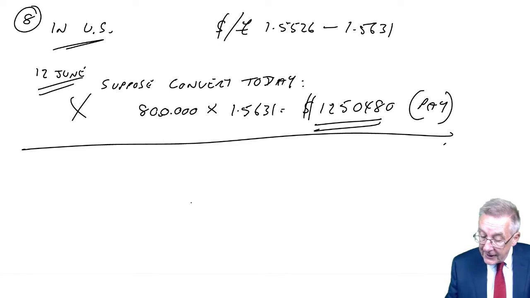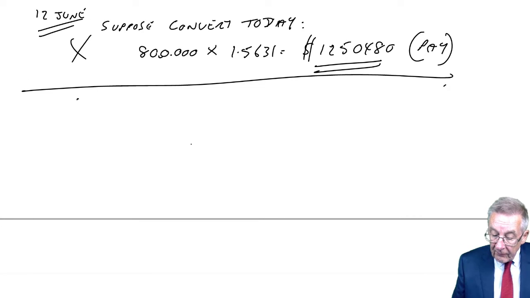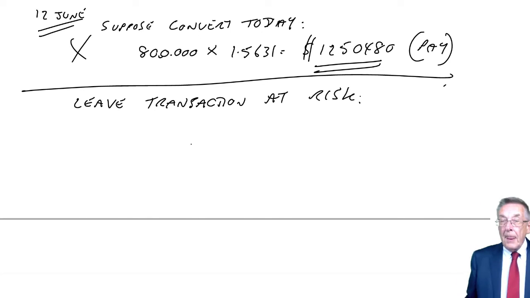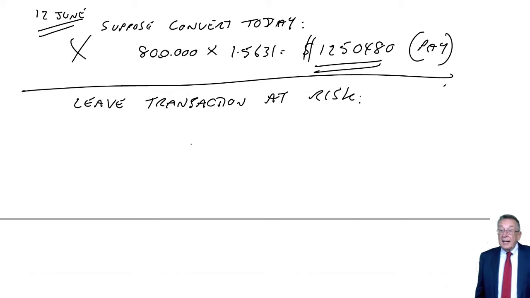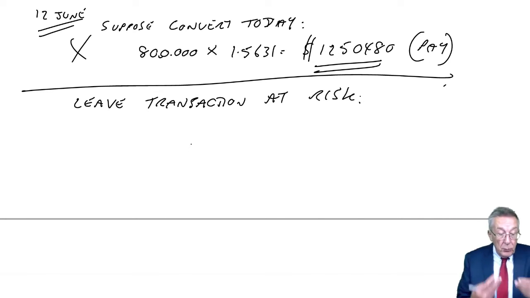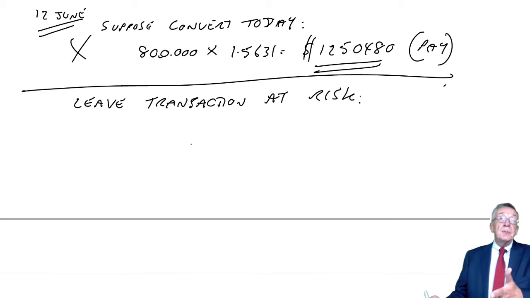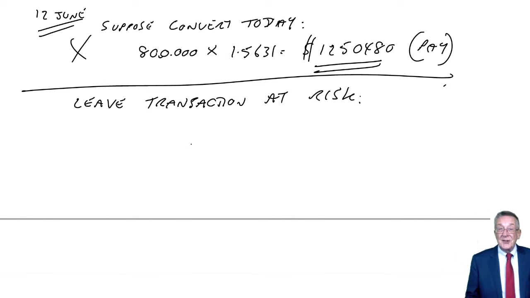And so what we do is this. We leave the transaction at risk. And so the £800,000, as you'll see shortly, we leave it at risk and we will convert on the 10th of August. And as a result, since spot rate will have changed, it may cost us more, it may cost us less.